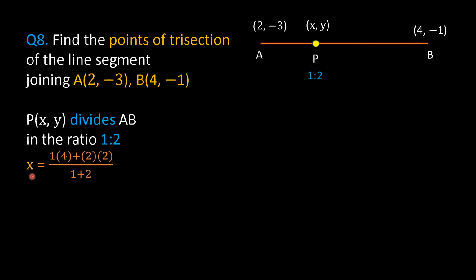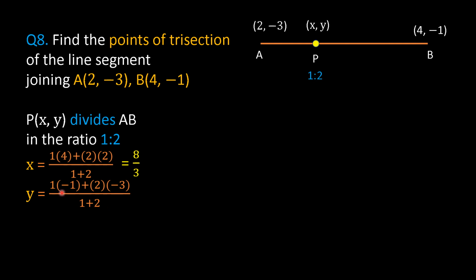Therefore, its x coordinate will be (1 multiplied by 4 plus 2 multiplied by 2) upon (1 plus 2). So that will be 4 plus 4, that is 8 by 3. So the x coordinate will be 8 by 3. The y coordinate will be (1 multiplied by minus 1 plus 2 multiplied by minus 3) upon (1 plus 2).